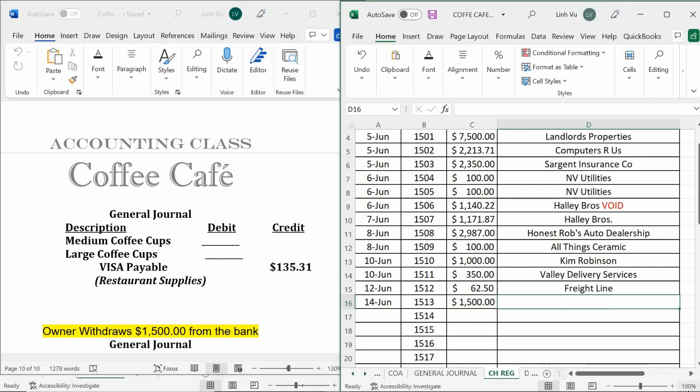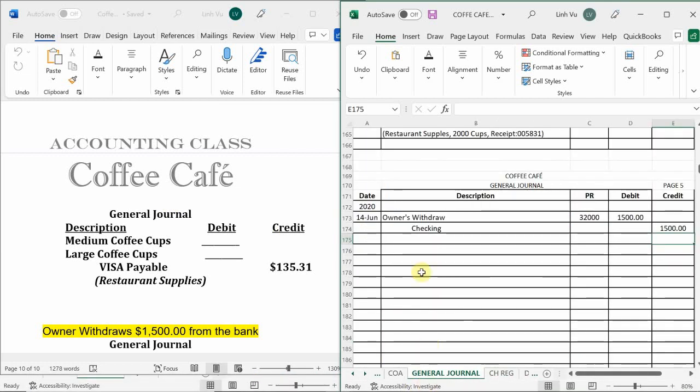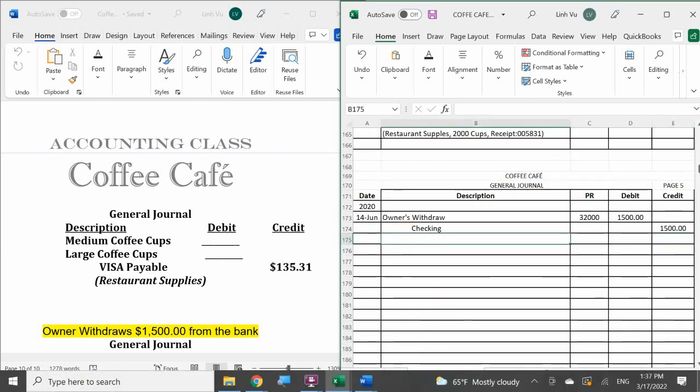Okay. The owner is Mr. Bob Mason. Bob Mason is the owner of Coffee Cafe. So there you go. He's going to cut himself a check, $1,513 for the $1,500. We can go ahead and make a note here: owner withdrawal.